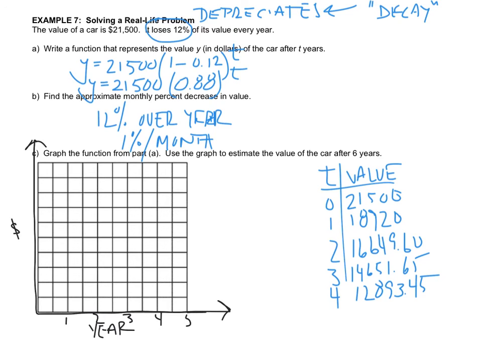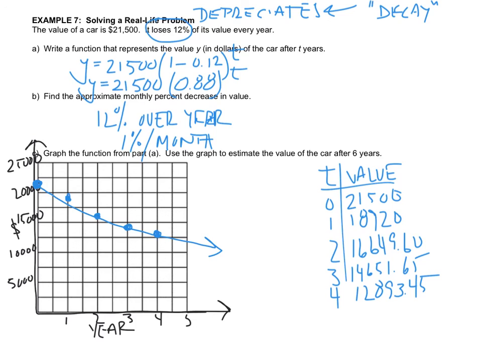If I go up by 2,500s, yep, we go up by 2,500s. I would just plot my points and then come back and look at the graph. So that is what your graph would look like roughly, again with a smooth curve showing it.